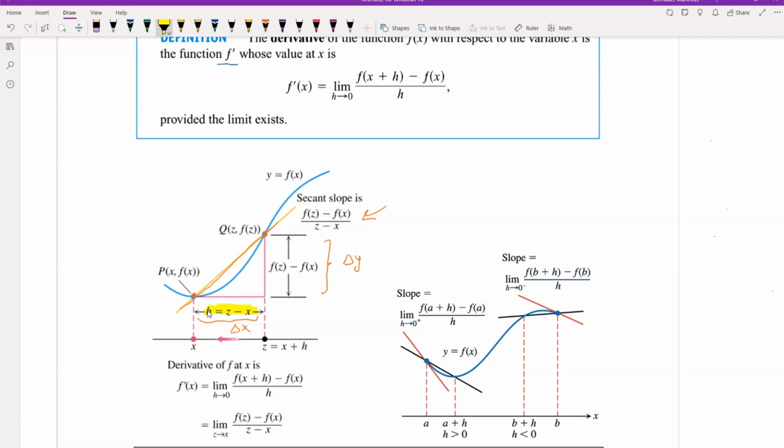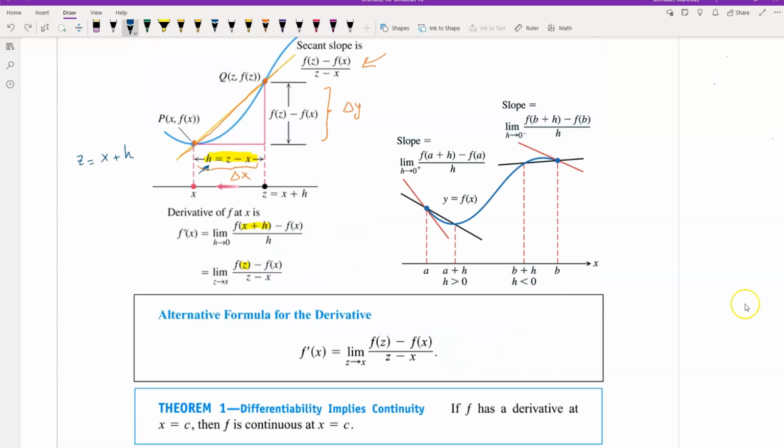So what we did here is based on h equal to z minus x in the denominator, and from this part, z is equal to x plus h. So this x plus h, that is z.